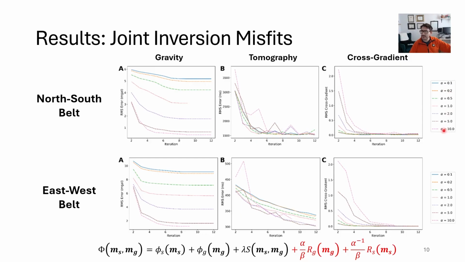So that alpha parameter changes with each of these. And I'll point out quickly that the biggest obvious change is in the gravity information. As we lean the model very much towards a density-driven solution, we have quite a bit different fit than if we lean it towards a velocity-driven solution. And that's the same for both the east-west and the north-south belts.